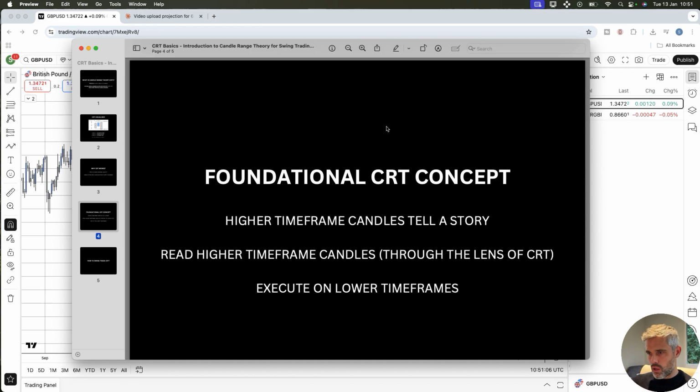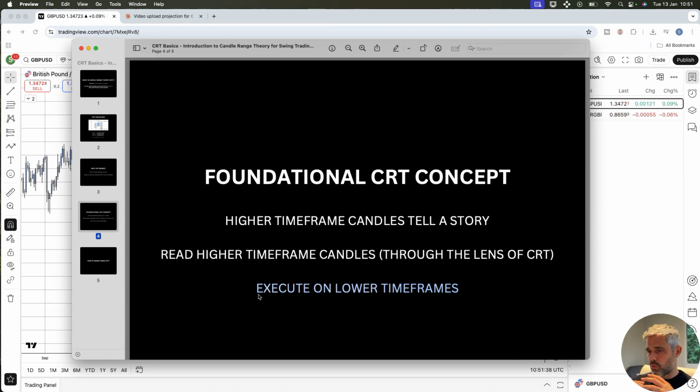We can get into a lot of detail on candle range theory, but for today, this is just the basics video that I want to cover. Higher time frame candles tell you the story that you are going to use to take lower time frame trades. So our job as candle range traders is to identify the story on the higher time frame using confirmed close candles, read higher time frame candles through the lens of CRT, and then fundamentally it's about executing on the lower time frames.